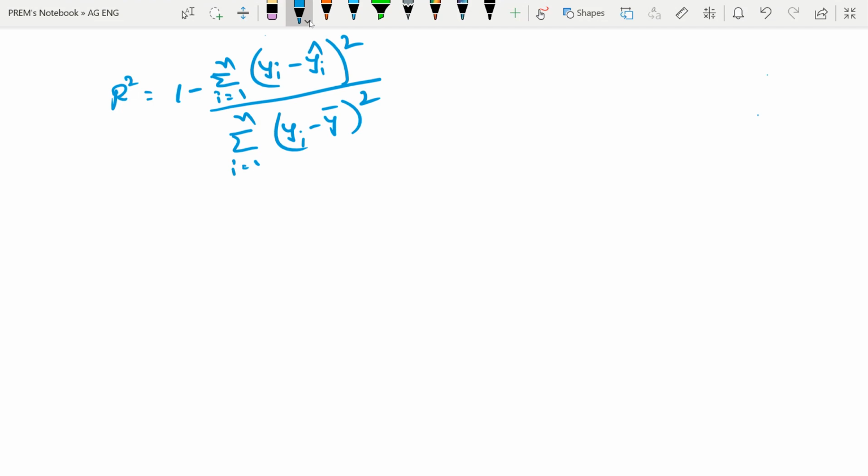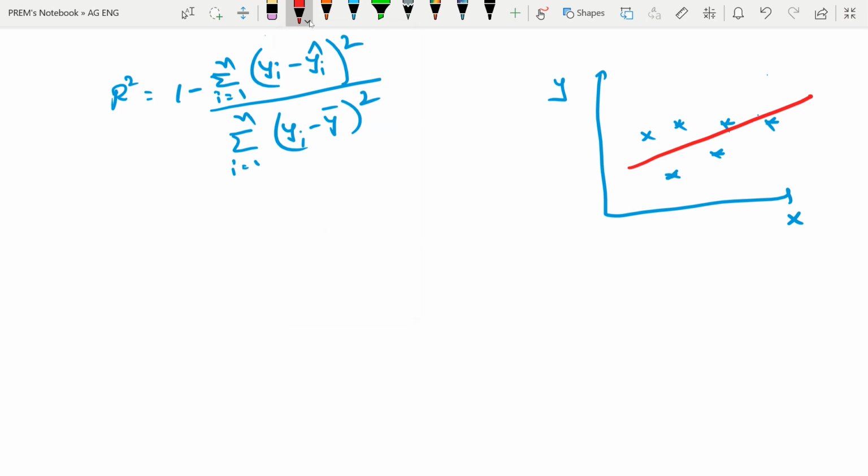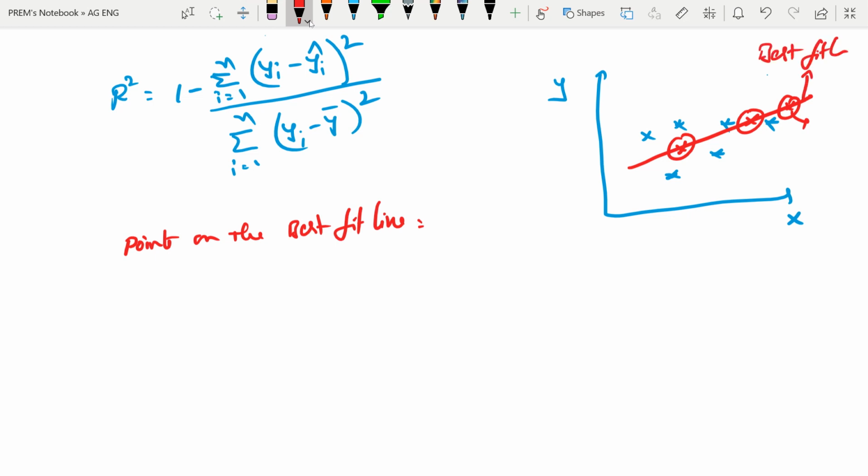How can R square be calculated? Suppose this is our independent variable x and this is our dependent variable y. The data points are scattered like this. If you take the best fit line, this red line is the best fit line.